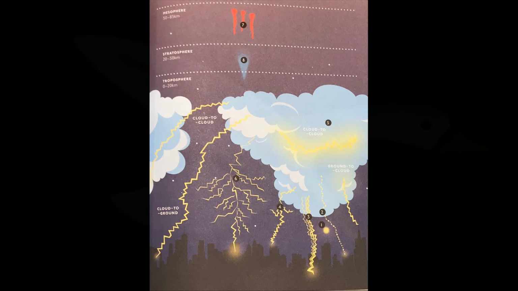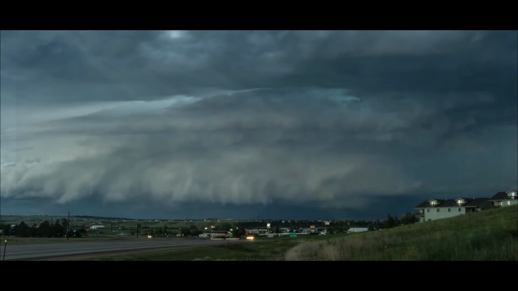And finally, the ninth type of lightning is elves. This appears as a dim, flattened, expanding glow around 400 kilometers in diameter that lasts for typically just 1 millisecond. They occur in the thermosphere, which is around 100 kilometers above the ground.